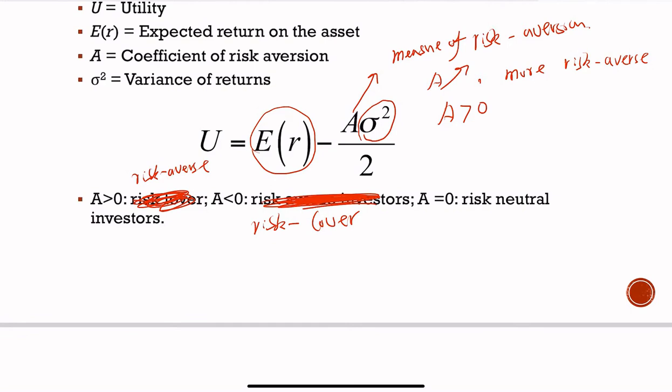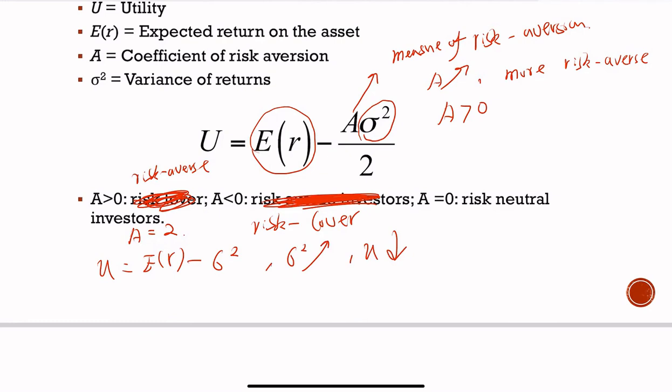Now, why do we have names like this? Well, think about this, right? So let's say we have a utility function. It looks like this. Okay, let me start with a positive number. Let's say A is 2. So if A is 2, then the utility function will be this, right? So this basically means if variance of your return is larger, utility will be smaller, right?